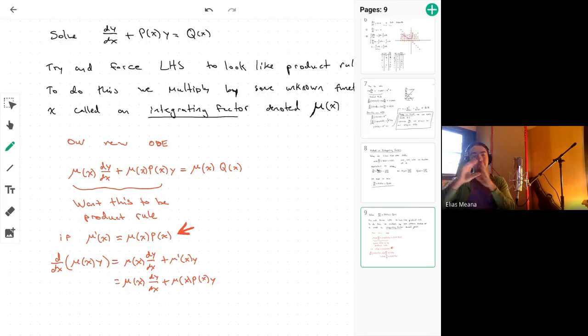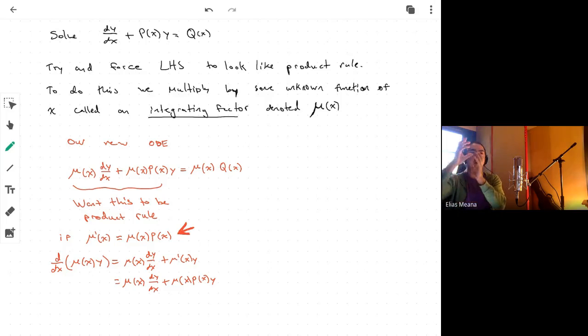And so what I've said here is we multiply by this function, okay? And multiplying by this function, if it's going to give us product rule on the left-hand side, it must be the case that the derivative of the thing we've multiplied by is itself times p, right? Because if you look at the left-hand side, if you were to try and reverse engineer product rule there, you would have to have a function of x times dy dx plus f prime times y. Remember, that was what we did in the previous example.